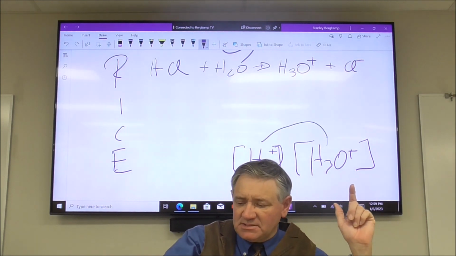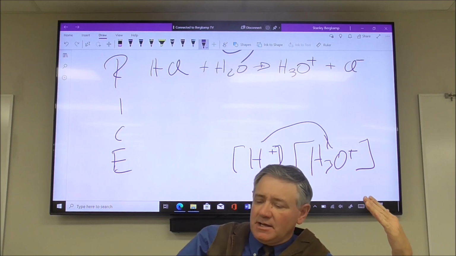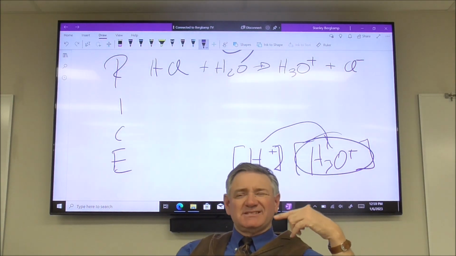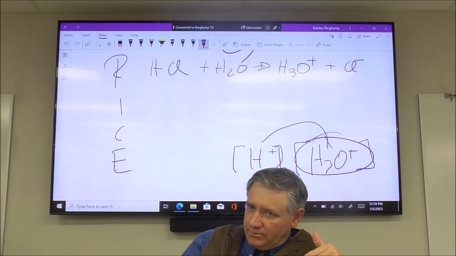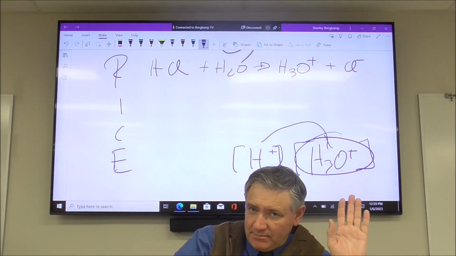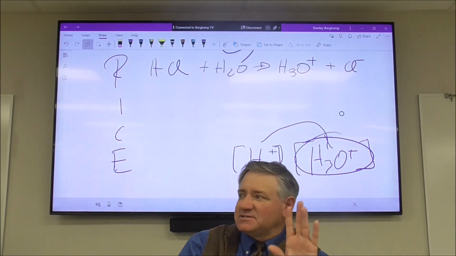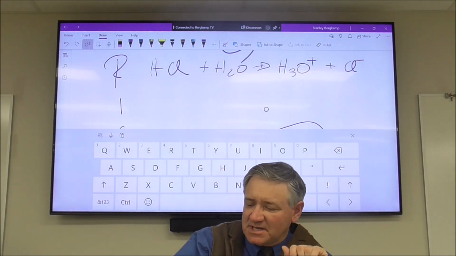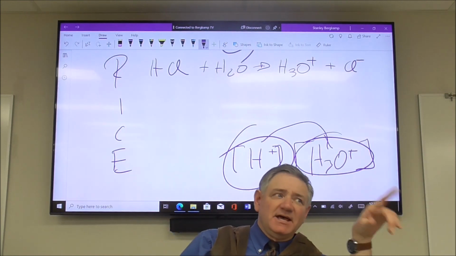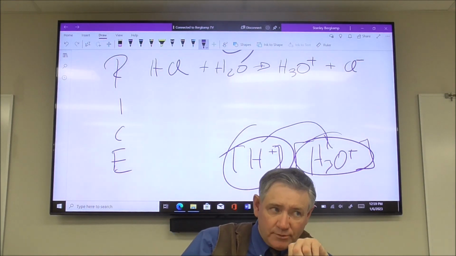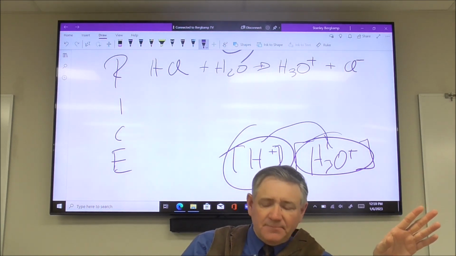So H plus and H3O plus both indicate hydronium ions. The H3O plus is technically more correct because it shows it bonded to a water molecule. This is technically, on an atomic level, what's happening. But chemists are basically lazy, so most of the time we just put H plus, okay? Technically, H3O plus is more correct. But typically, we just talk about the concentration of the hydronium ions.